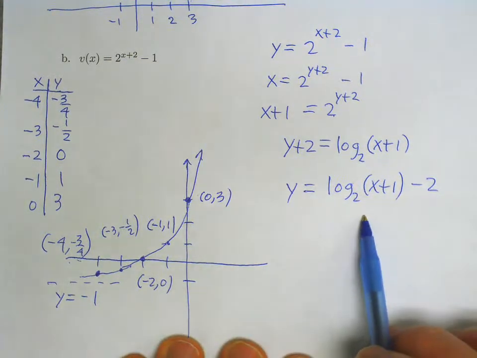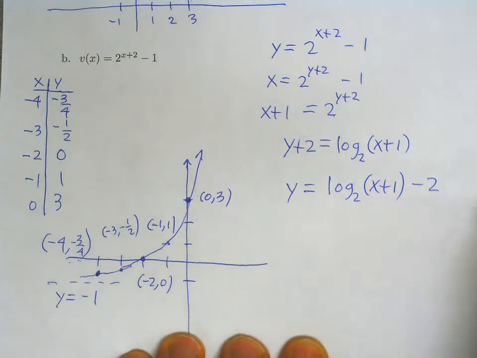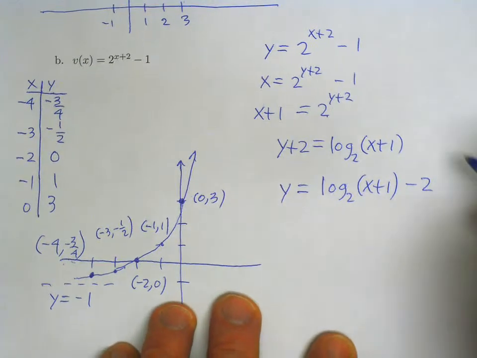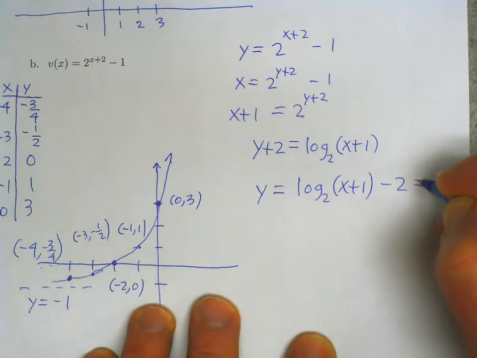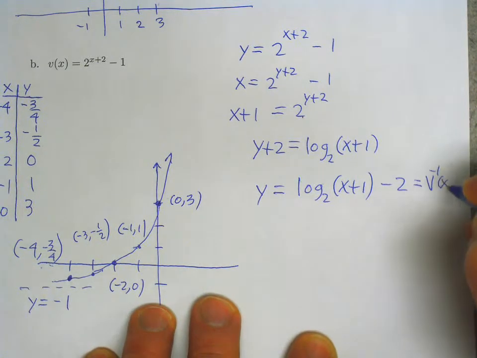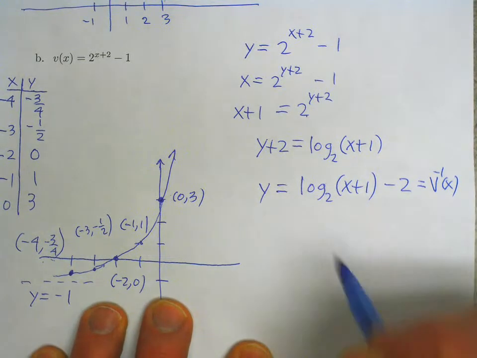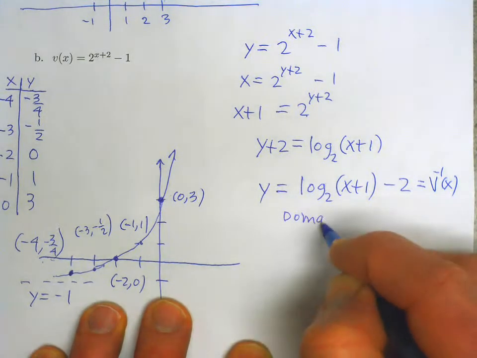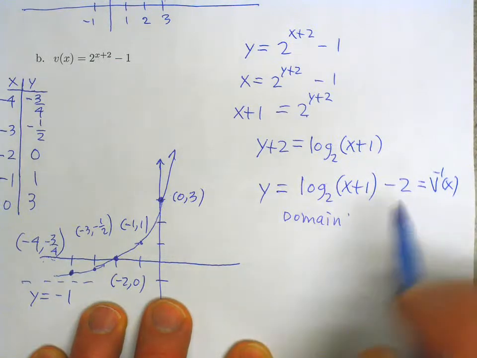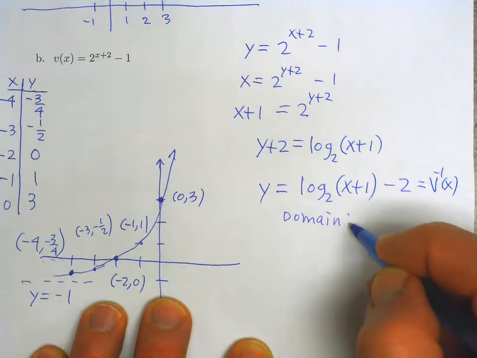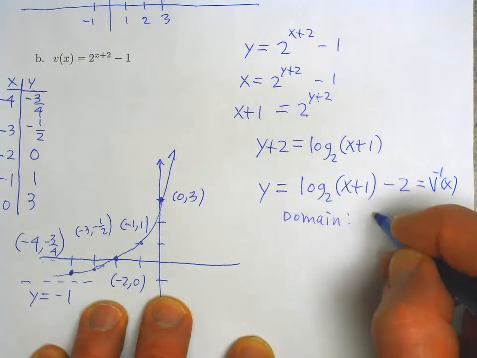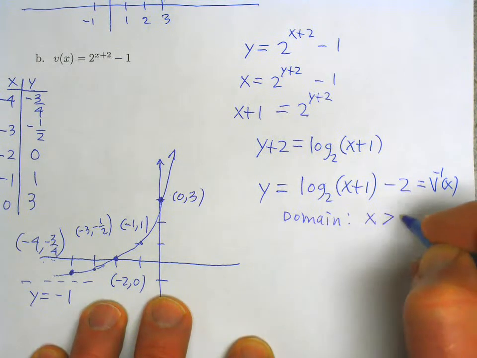Okay, so the domain of this inverse, so I'll write down the inverse notation, v inverse of x. Okay, the domain of this inverse, well, x plus 1 has to be strictly greater than 0, which means x has to be strictly greater than -1.